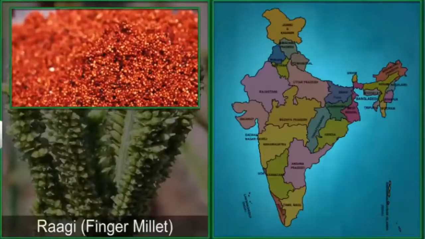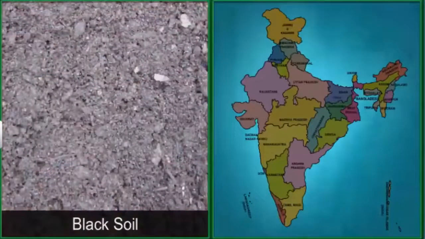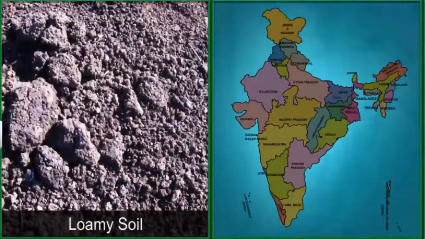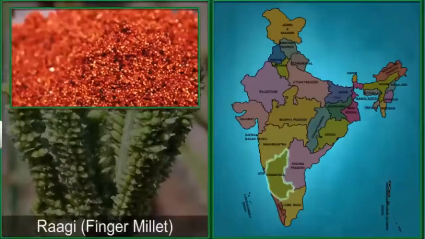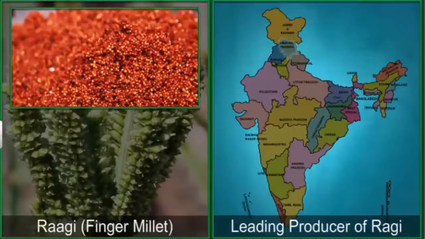Ragi grows well in almost all types of soils, like red, black, sandy or loamy soil. Karnataka is the leading producer of ragi. Other important ragi producing states are Tamil Nadu, Himachal Pradesh, Uttaranchal, Sikkim, Jharkhand and Arunachal Pradesh.